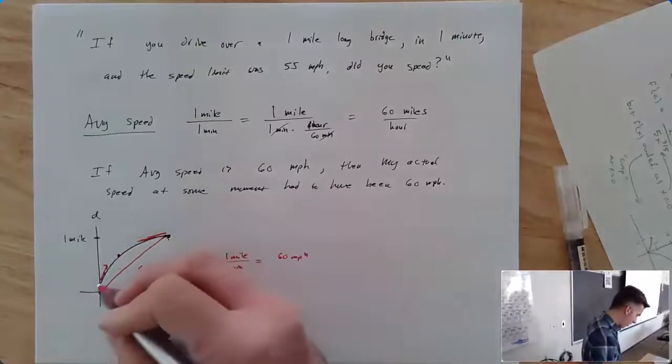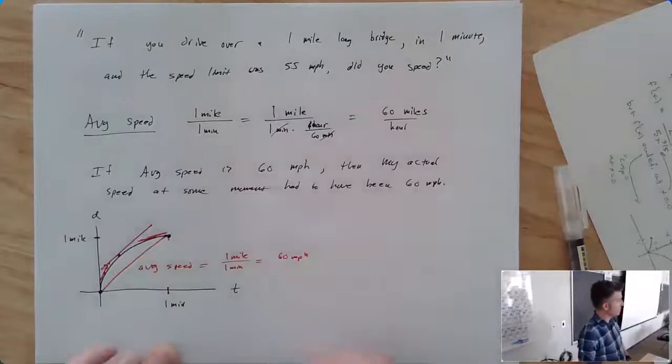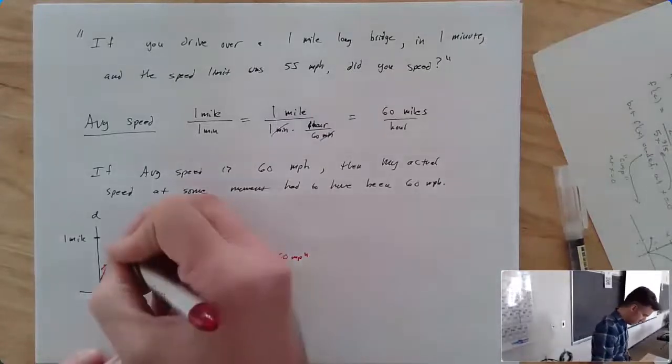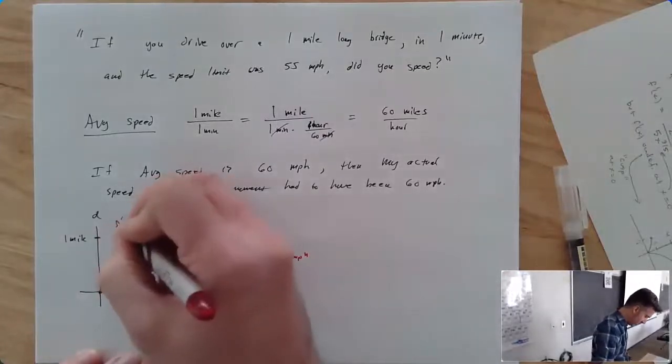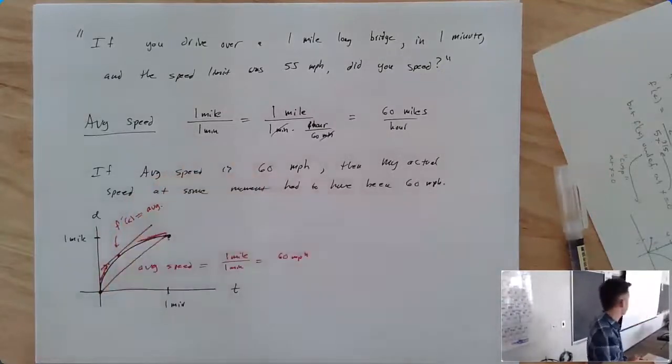And somewhere along this line, the slope of the tangent line has to be the same. So there's a point right there where the derivative is equal to the average. And that's the gist of the mean value theorem in general.